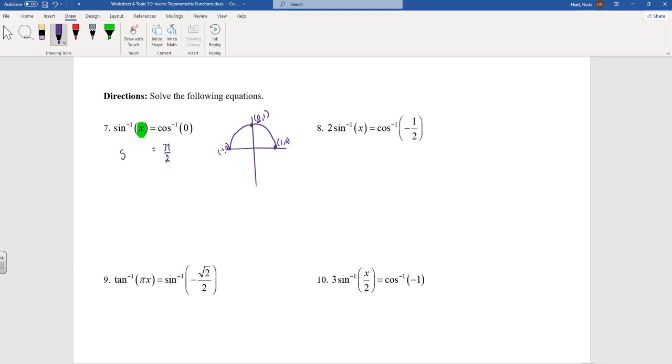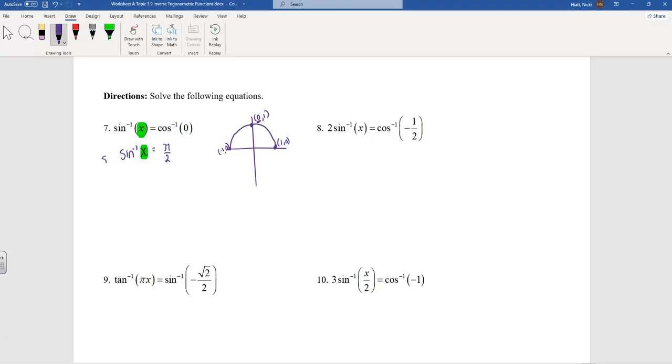And then I've got sine inverse of x. Okay, any ideas now? We're trying to get that x by itself. Very good. So the inverse of inverse sine is regular sine, right?